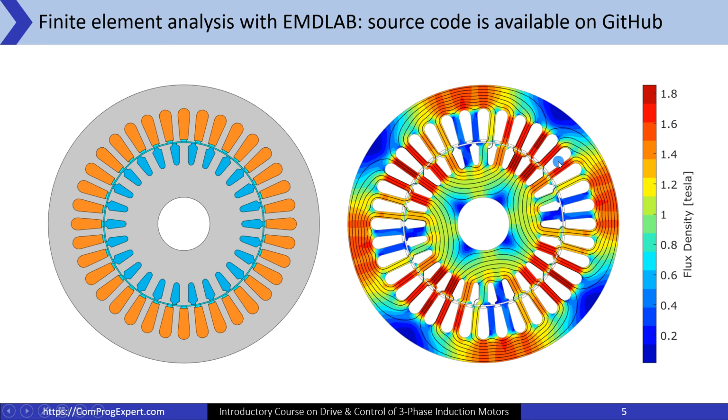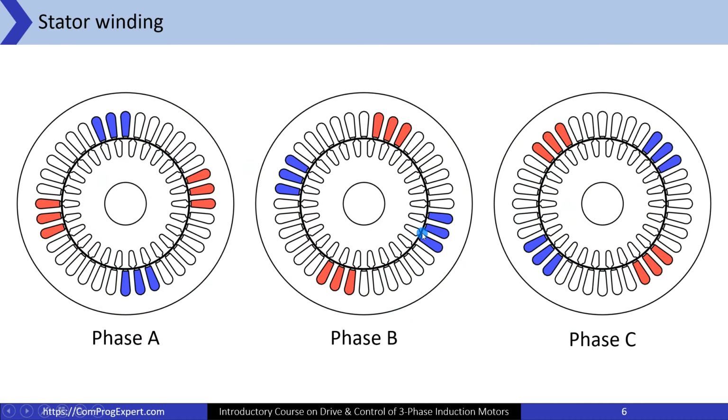So this 4-pole magnetic field is generated using this three-phase winding. Here we have the phase A, the phase B, and the phase C. Yes, we have a 4-pole induction motor.